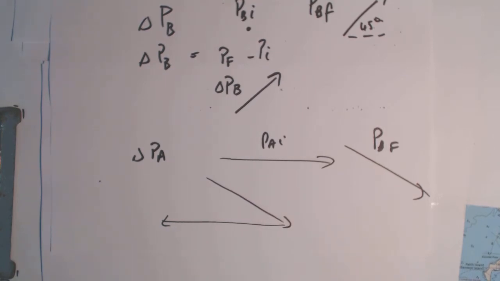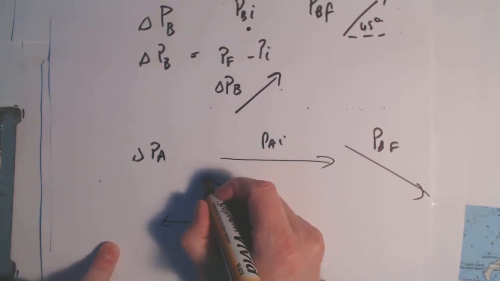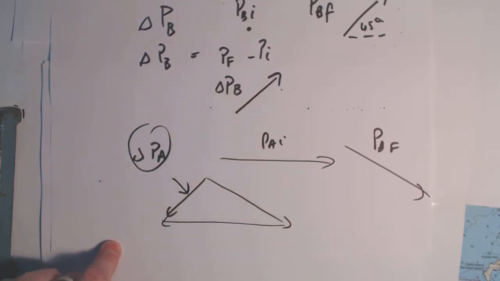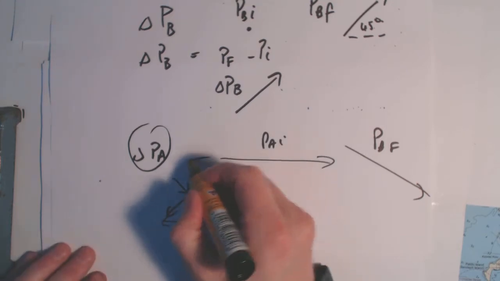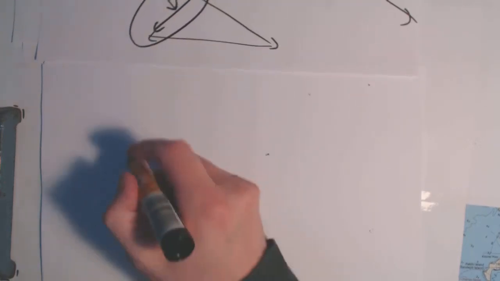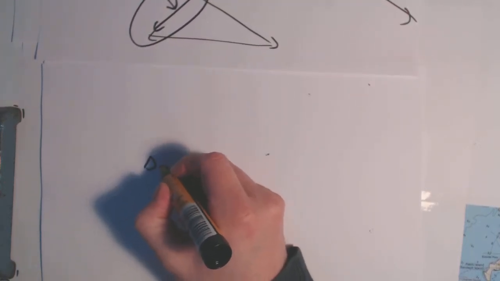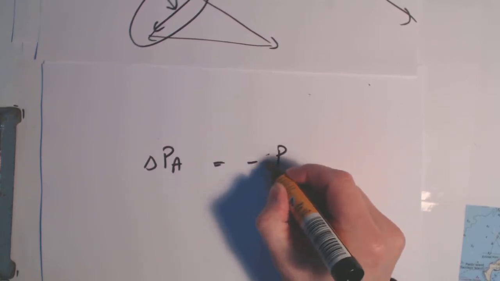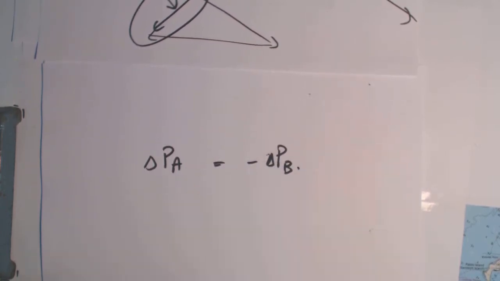We had to reverse the initial, and we come to a vector like that. So that's change in momentum for A. Notice something. Change in momentum for A is equal and opposite to change in momentum for B. So delta P for A is equal to minus delta P for B.